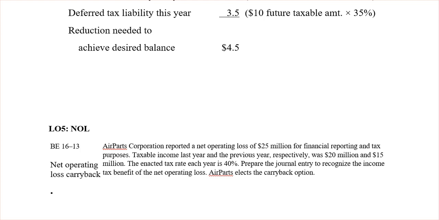So what they want to be able to do is show that benefit, and this operating loss they want to carry back. So what they want to do with this is apply the loss, and they're going to ask for cash. We want cash.